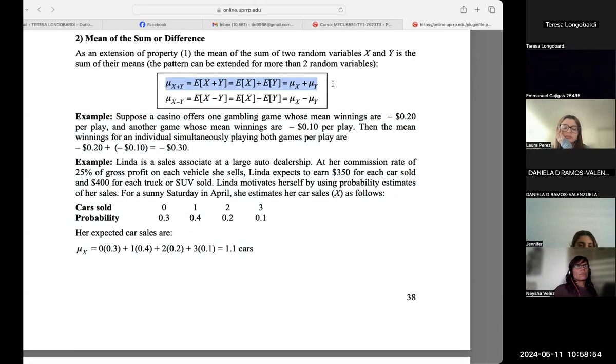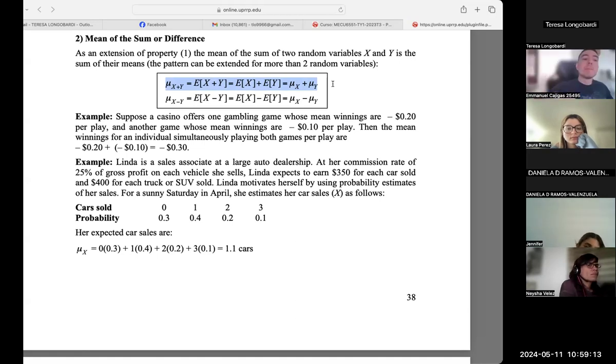So let me tell you an example. Let's say I'm investing and I have invested in a certain company and I'm a shareholder in one company, but then I also am a shareholder in another company. The first company is called X and the next company is called Y. So I have shares in X and shares in Y. I want to figure out what I expect in terms of return.